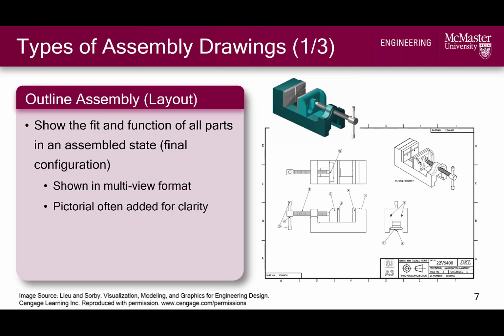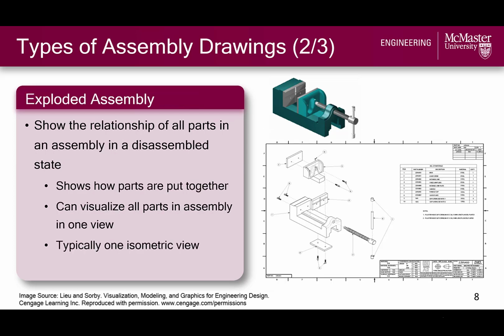However, in some cases, we may want the assembly drawing to illustrate how a device is put together, and that's where the exploded view comes in. As we saw with the door hinge, and with this exploded view of the vise, an exploded view shows the relationship of all parts in an assembly in a disassembled state, which may be helpful in seeing all parts of a device in a single isometric view, and it can also elucidate how parts are put together, which you can imagine is important information for product manufacture and even for maintenance.